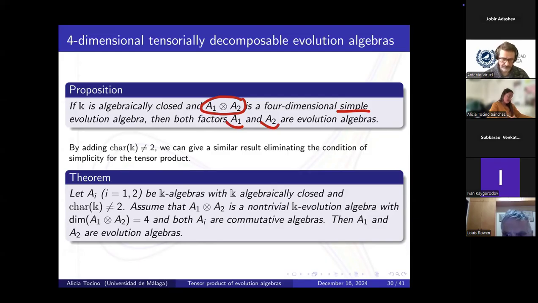Moreover, if we have A1 and A2, two k-algebras with k an algebraically closed field of characteristic different from 2, and A1 tensor A2 is a non-trivial evolution algebra of dimension 4, and both A1 and A2 are commutative algebras, then both of them are evolution algebras also.